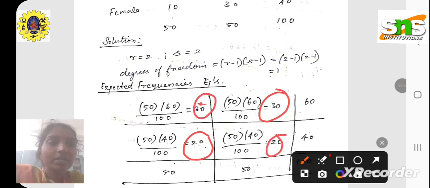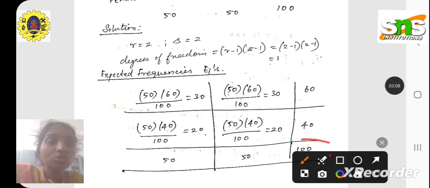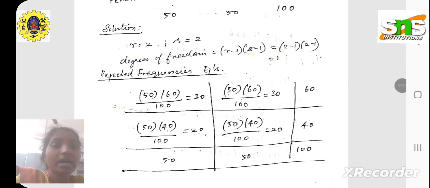This is what we have got as the expected frequencies. We also note that the total should always be the same here, which is 100. 100 is the total frequency on either side.